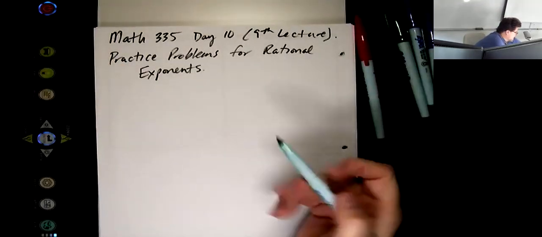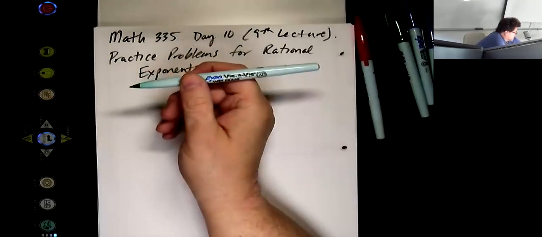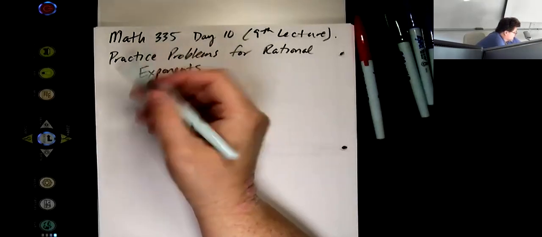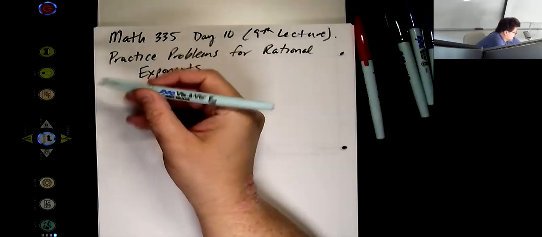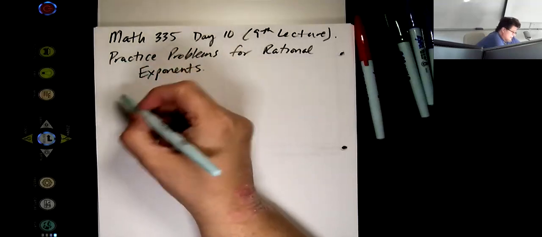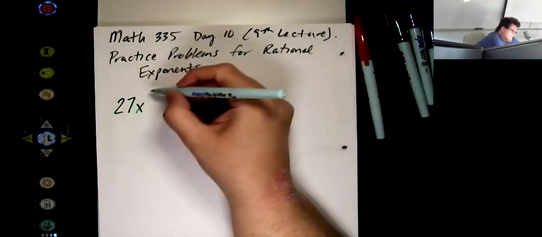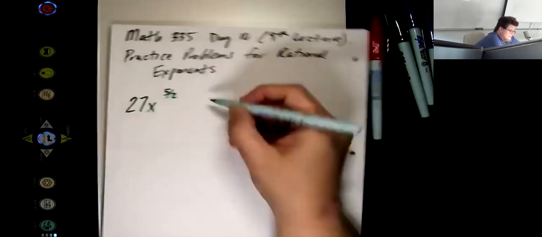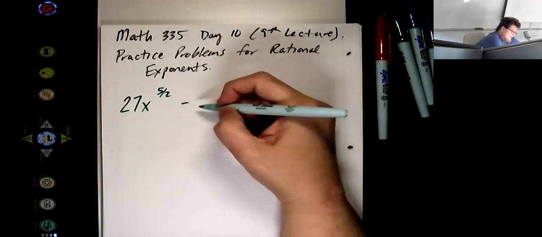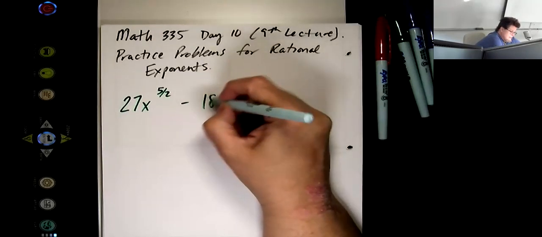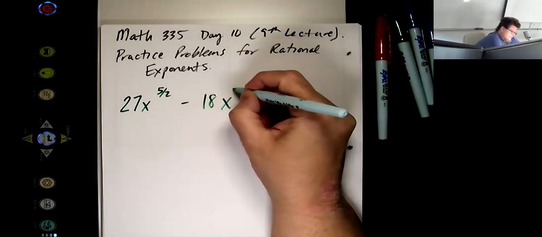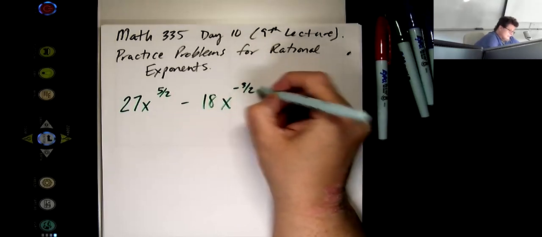Let's say we have 27x to the 5 halves minus 18x to the negative 3 halves.